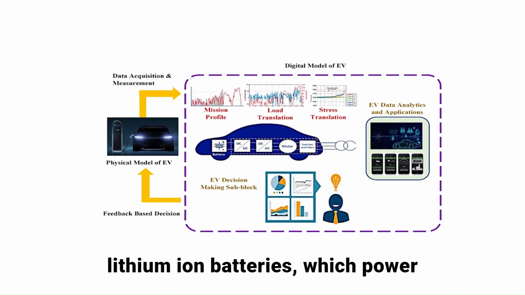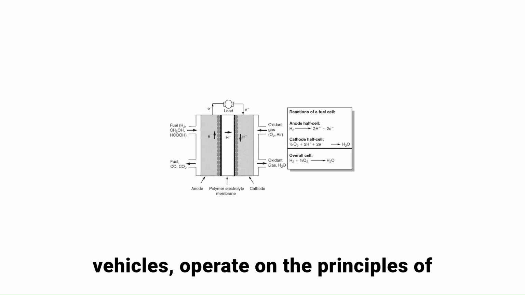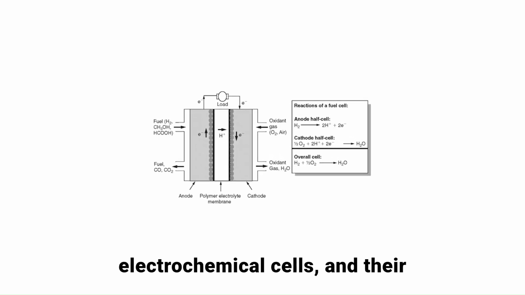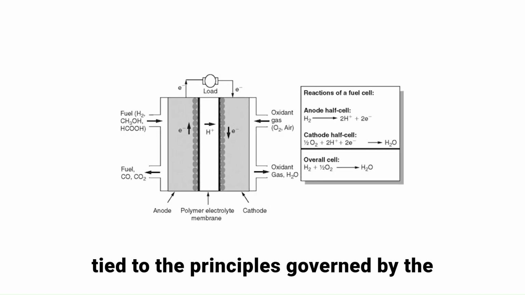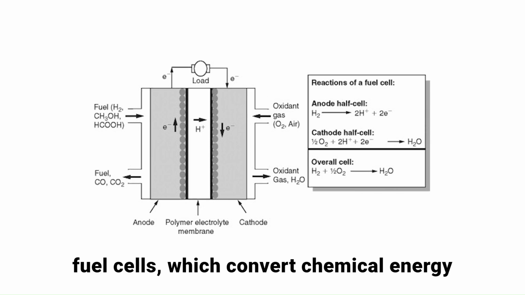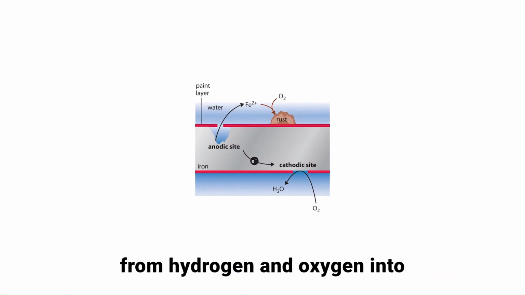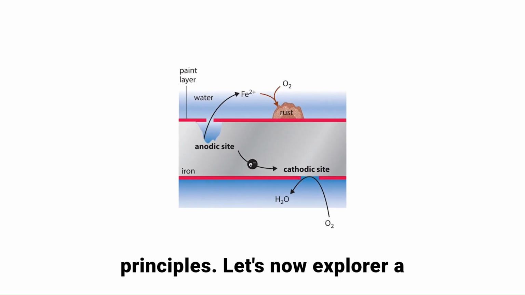Modern lithium-ion batteries, which power everything from smartphones to electric vehicles, operate on the principles of electrochemical cells, and their efficiency and performance are closely tied to the principles governed by the Nernst equation. Similarly, fuel cells, which convert chemical energy from hydrogen and oxygen into electricity, also rely on electrochemical principles.